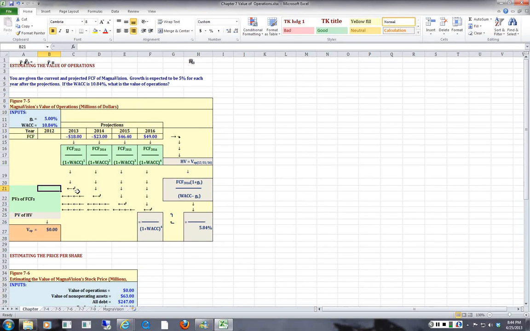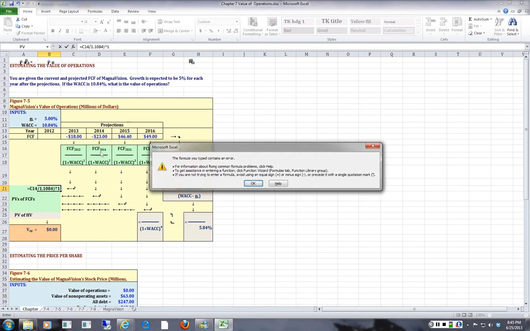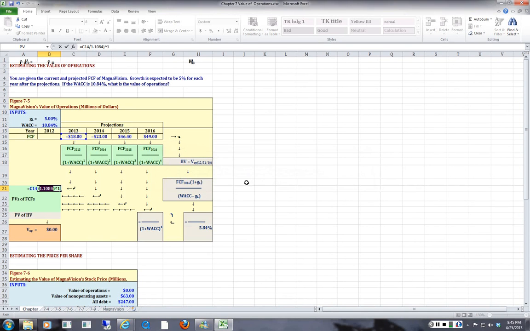So for the year 2013, we are going to take that minus 18 and divide it by 1 plus 1.084, in the first year. It's just to the first power, so I haven't done that right.